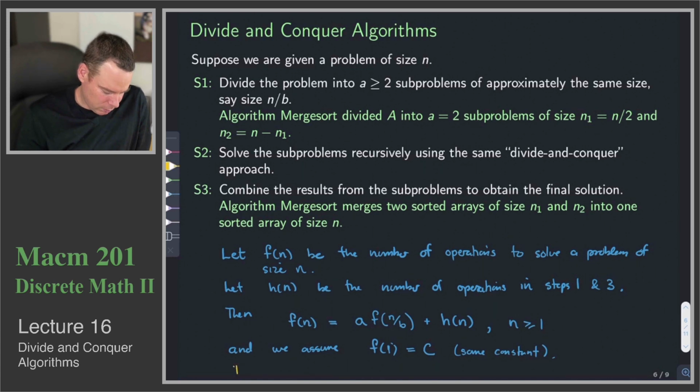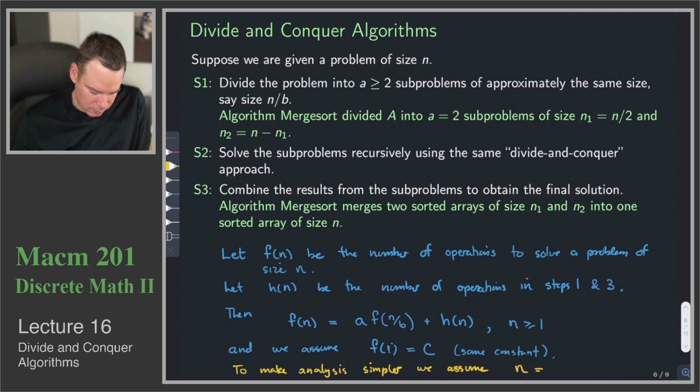And as before, to make the analysis simpler, we assume n is some perfect power of b.